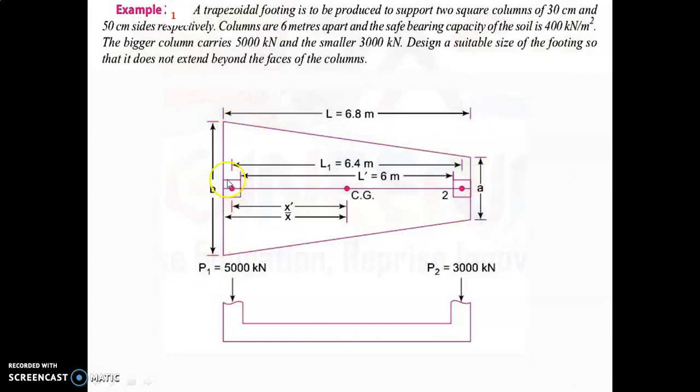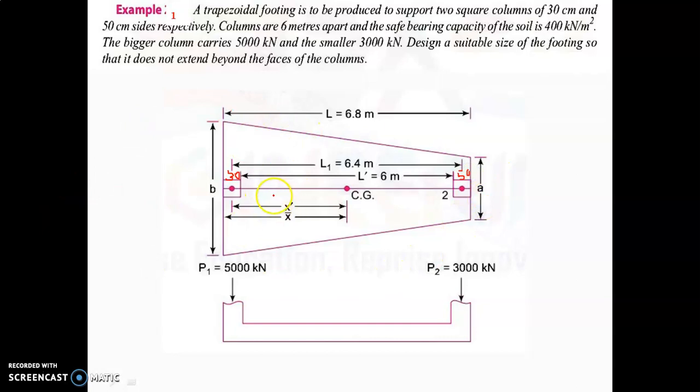Here is one column, a square column of size 30 centimeter, so this is 30 by 30, and here this is 50 centimeter, 50 by 50, a 50 centimeter square.